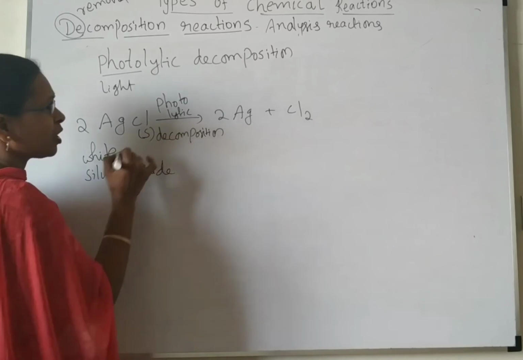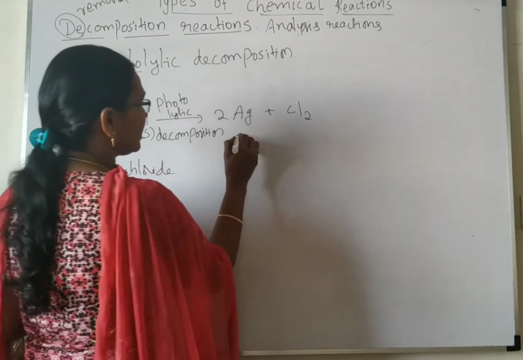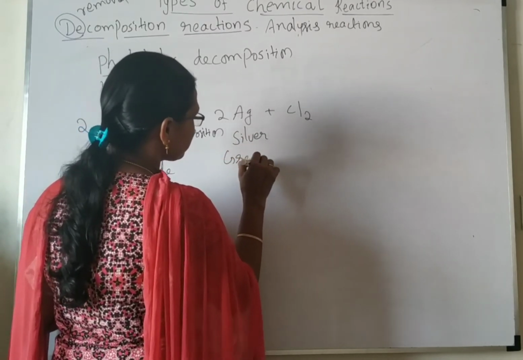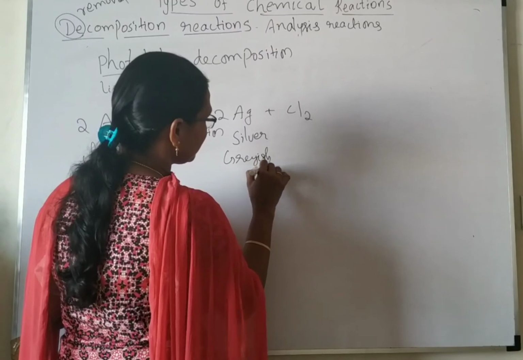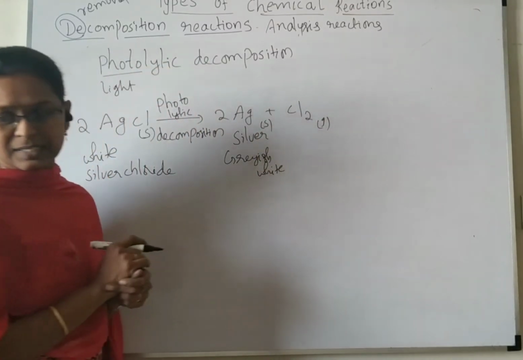This solid is going to dissociate into silver, which is grayish white, and chlorine gas will be there. So this is a solid and chlorine is a gas.